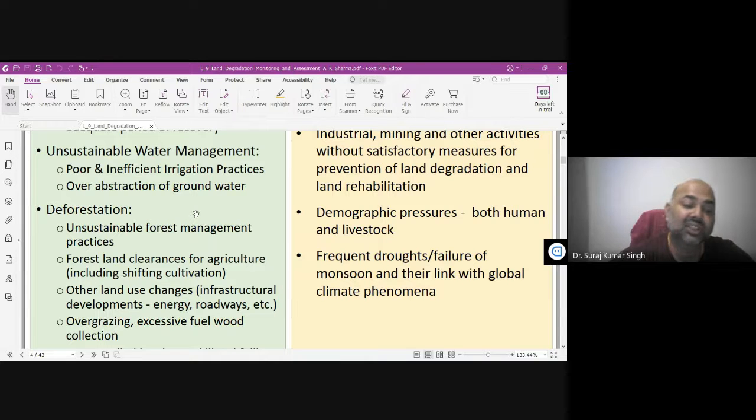So you have to see how forest land clearance is being done for agriculture, because you'll see that the population is increasing. Previously, I had only one home at Ranchi, but over a period of time, as my brothers and I have grown old, we have got various houses at various locations.